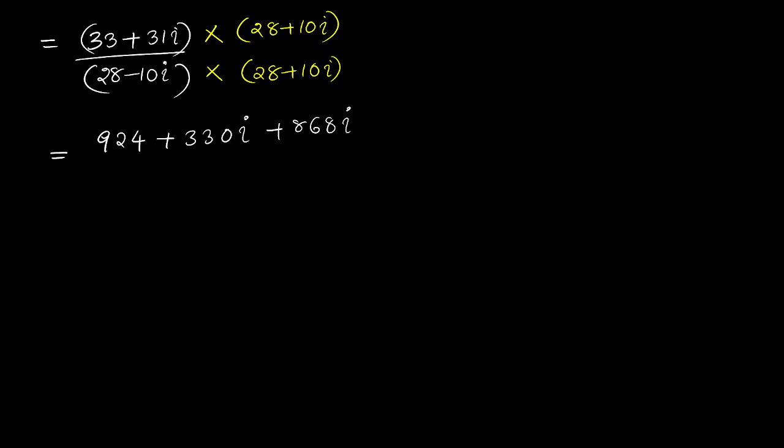I don't want to show the multiplication step on the screen. Then 31i into 10i will be 310i square.